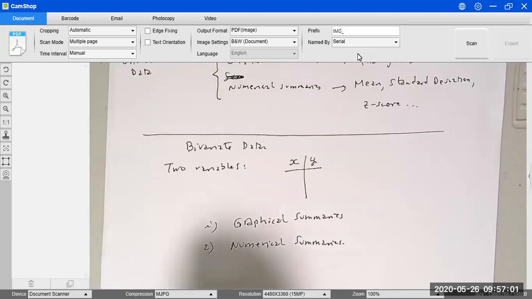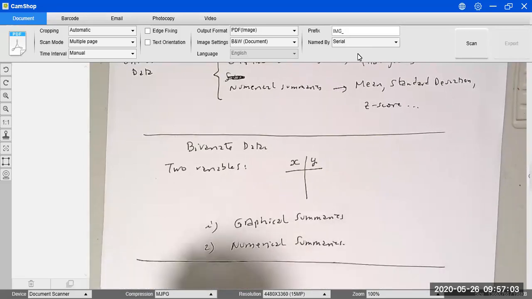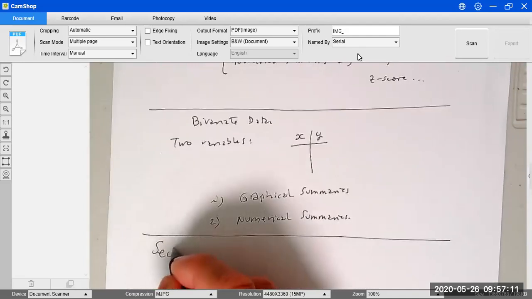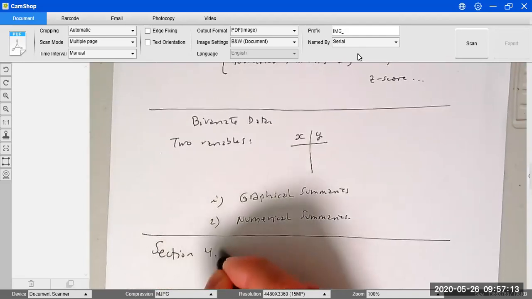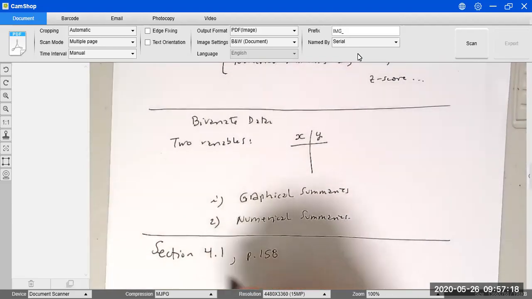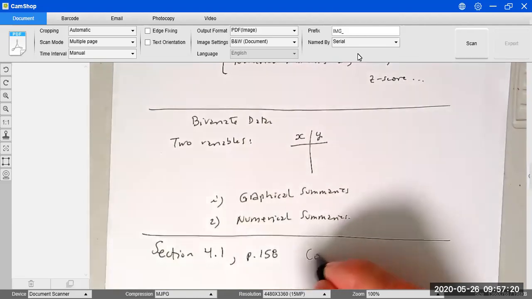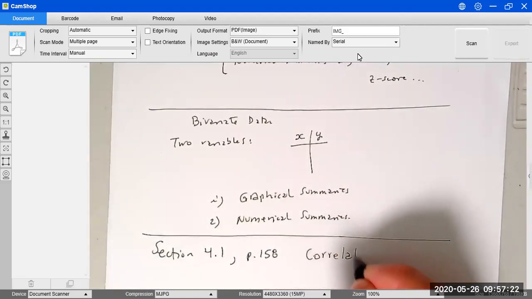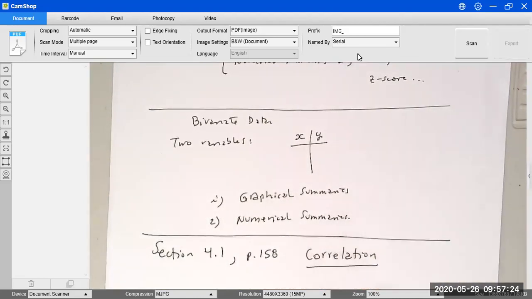So the first thing that we're going to work on is a scatter plot, but let me just write, we're going to start section 4.1. Section 4.1 on page 158, and this section is just about correlation. I would say that it's going to be linear correlation, what we're going to look for in this section.